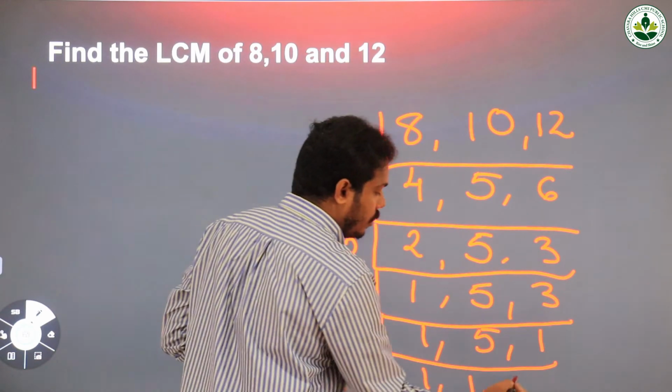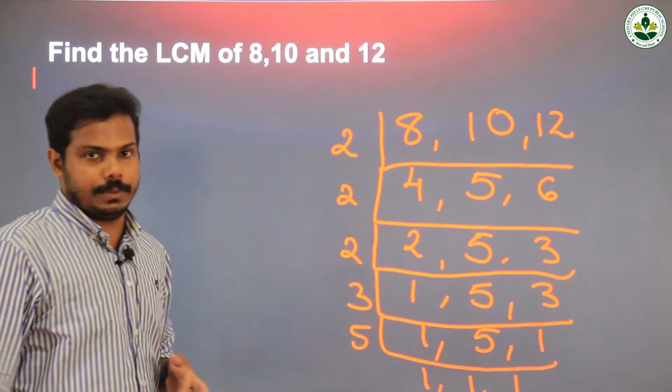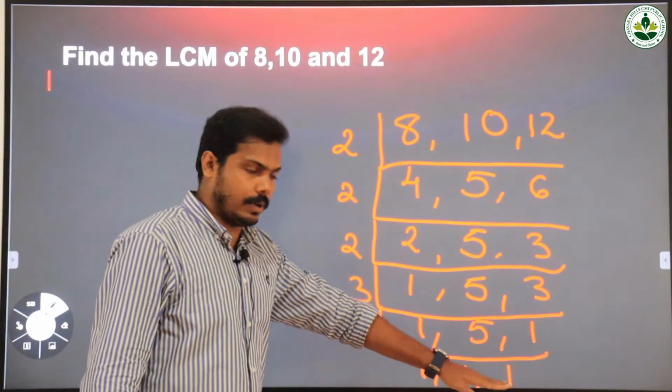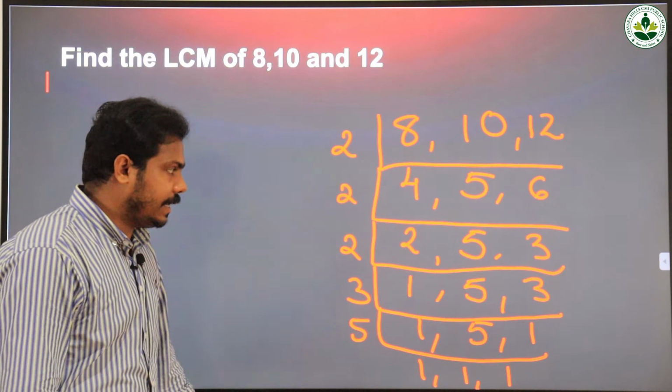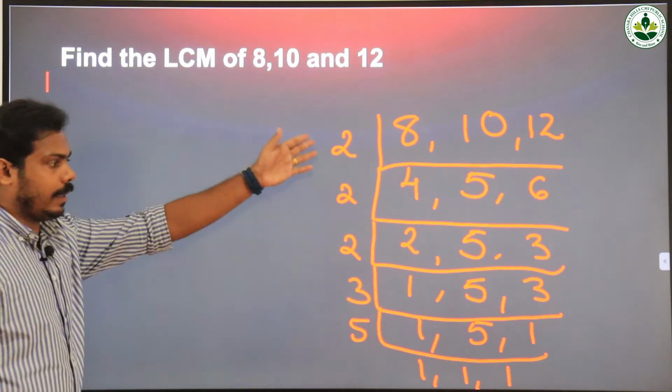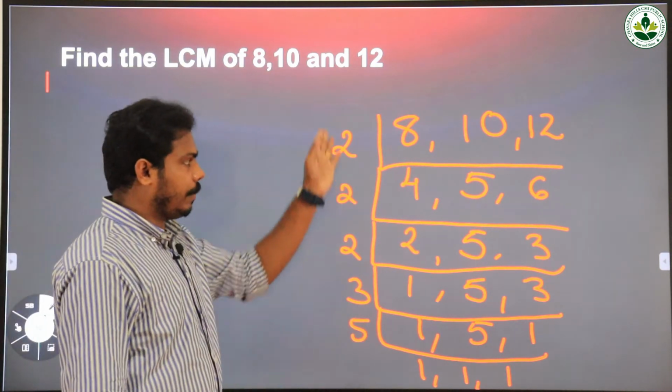Now we got 1. When we get all ones, stop the division process. Now these are the product of some prime numbers.